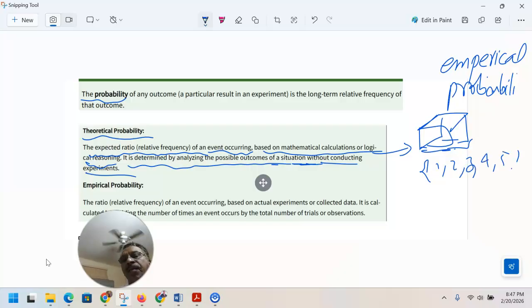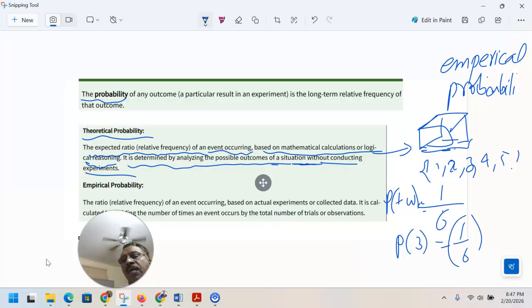And that's why the probability of any situation is always out of 6. If 2 shows up, it is 1 out of 6. If 3 shows up, it is also 1 out of 6. So this is always almost 0.16, which is like 16%. Now, what is the meaning of empirical?